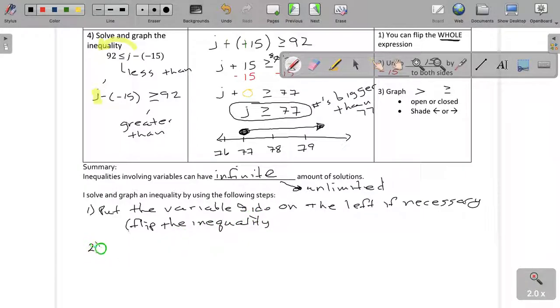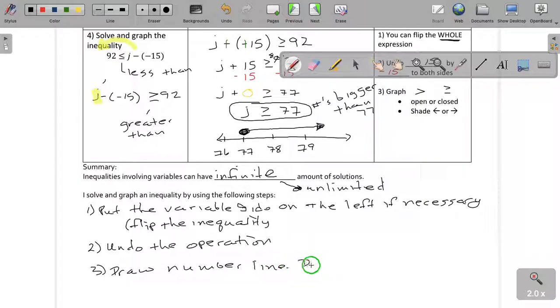Second thing, undo the operation. Number 3, we draw a number line. We decide the arrow direction.